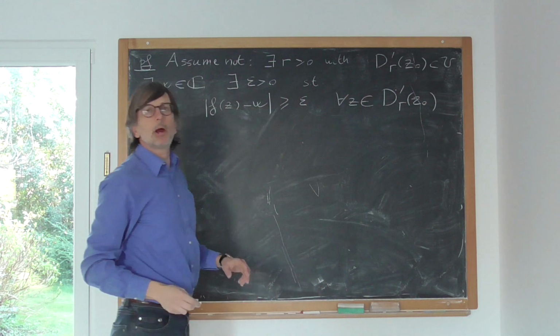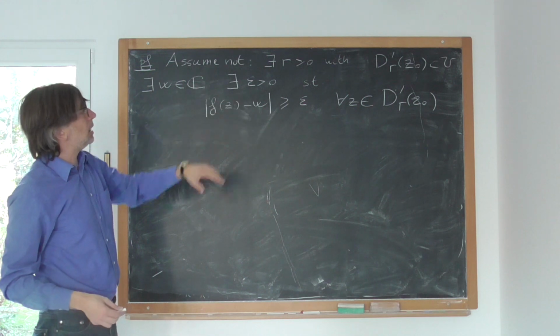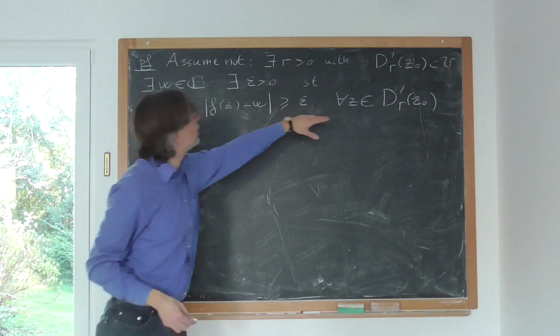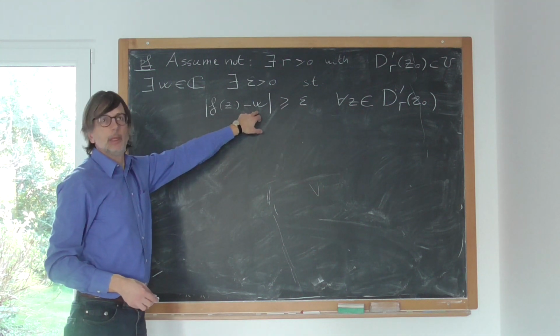Okay? So here we are exactly saying that the image is not dense. The closure of the image does not contain the point w.